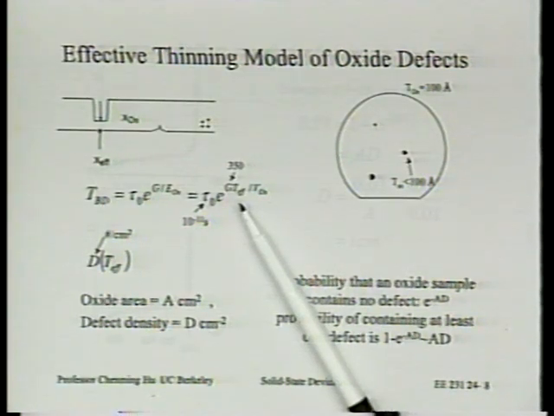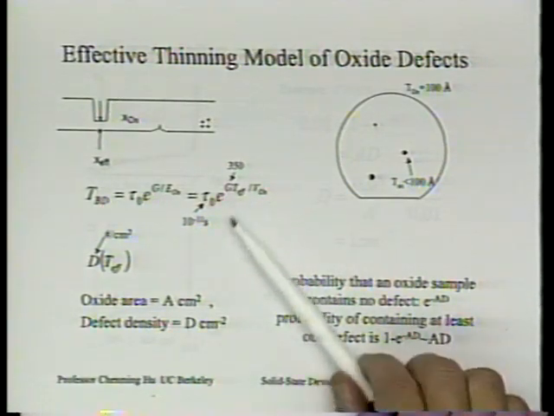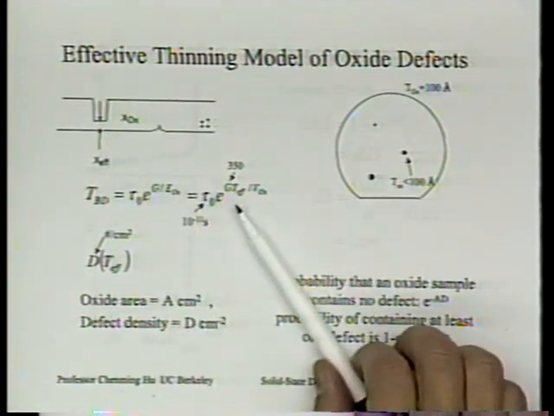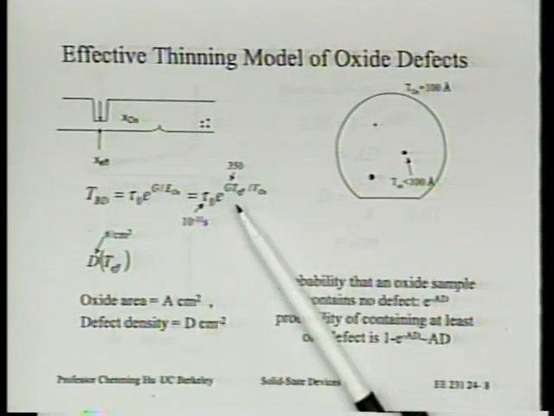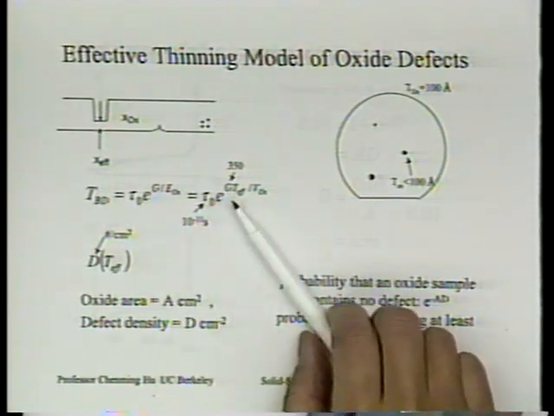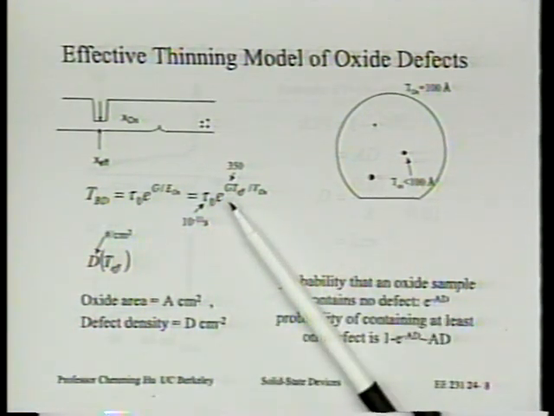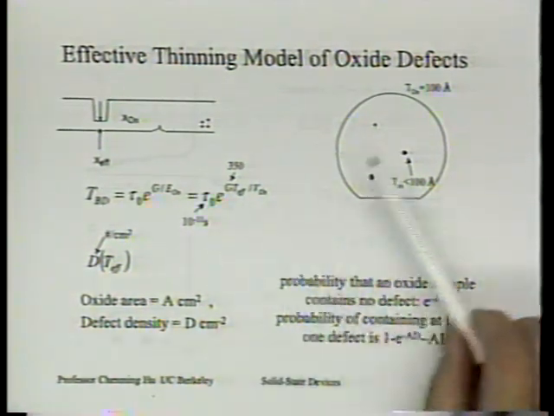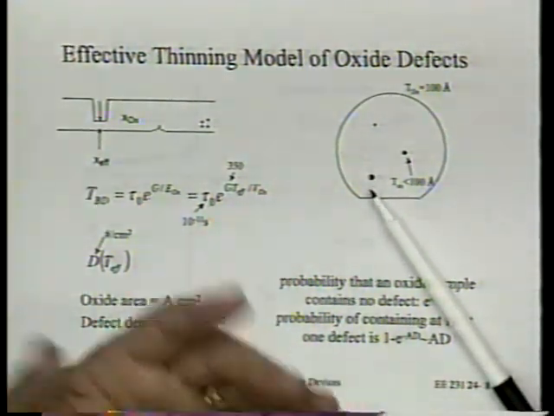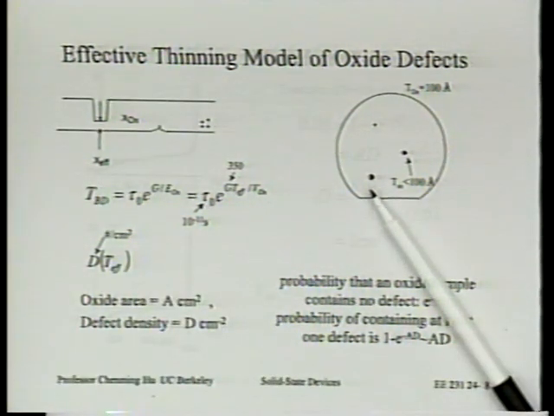In other words, we may have a nominal thickness of 100 angstrom for this oxide. But there are certain spots where the oxide is really not 100 angstrom. It could be 80 angstrom, right? Then that spot's lifetime will be shorter just because it has the lifetime of 80 angstrom oxide. Is that correct? Yes? Indeed, at some spots, it may even have the equivalent of only 60 angstrom. Then lifetime there is even shorter. Do you see what I'm trying to say?